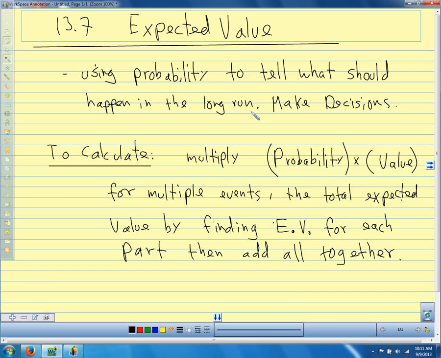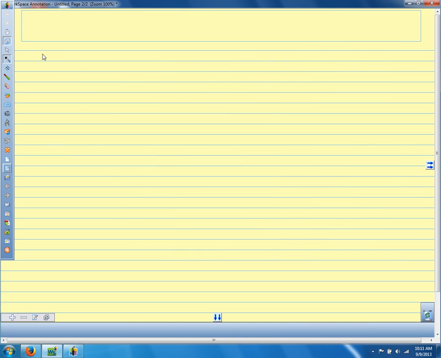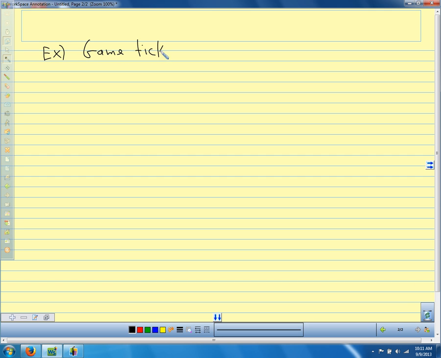It's not a guarantee. All right, so our first example, we're playing a game. You're at a fair or something, and you buy a game ticket. When you buy this ticket, you have a 70% chance at a $1 prize.